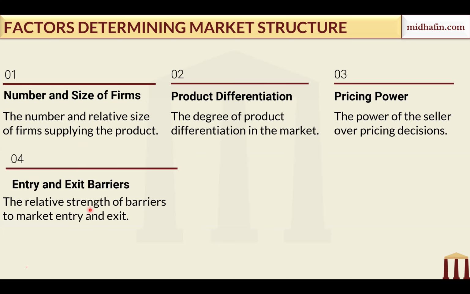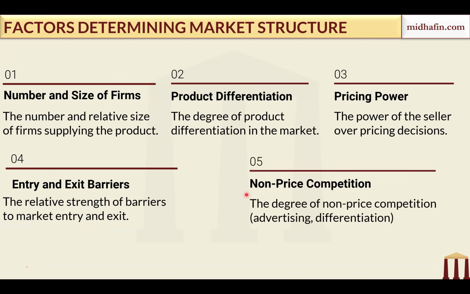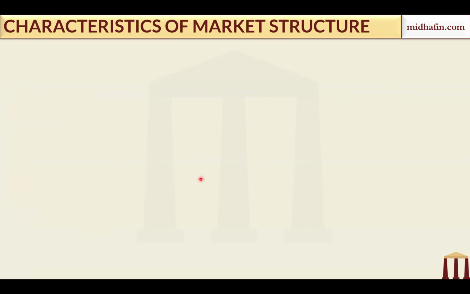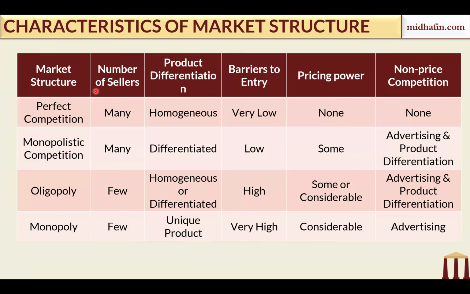The relative strength of barriers to market entry and exit is different. And non-price competition is also different. So if you want to compare the four market structures with respect to these factors, let's do that. This is the comparison.